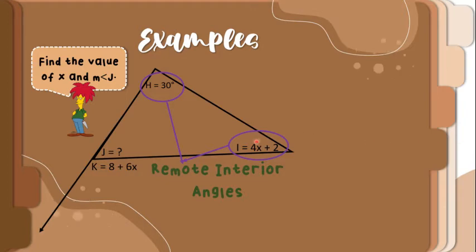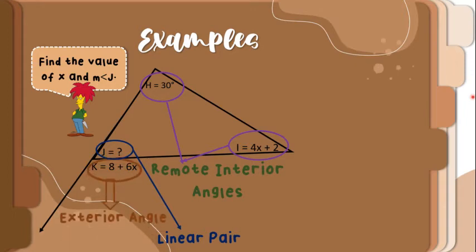They are the remote interior angles again because they do not form a linear pair with angle K. Now, speaking of linear pair, there is only one angle in the triangle that forms a linear pair with angle K, and that is angle J. Now, since angle J is the linear pair to angle K, we can easily conclude that angle K is the exterior angle. Yes, we now have identified all the angles in our figure.